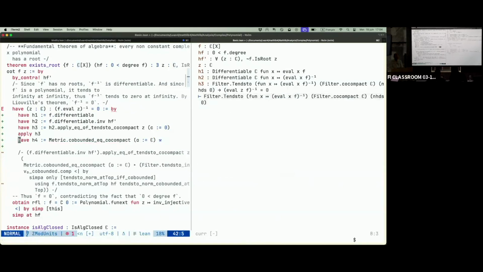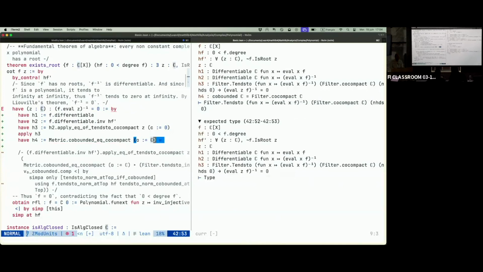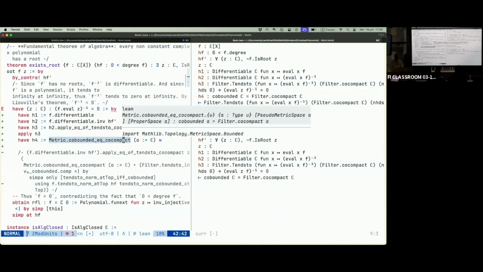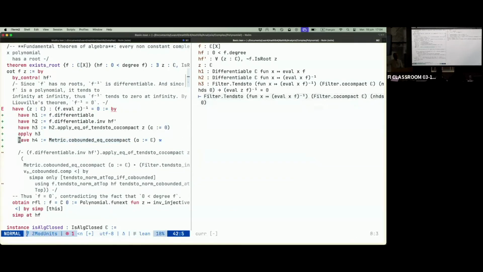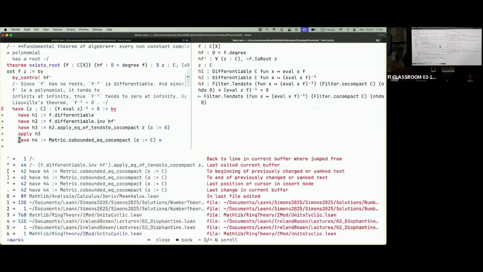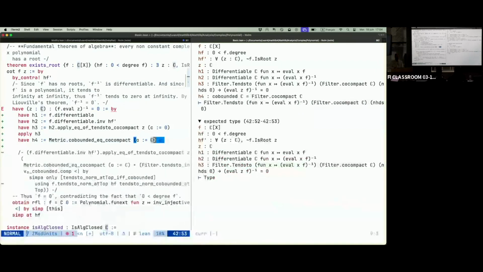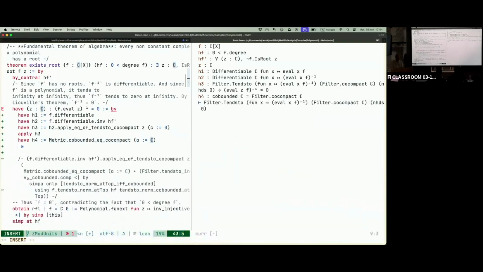So that's just a filter of co-compact subsets, which is bizarre stuff. No, it's an equality. It says that the filter of co-bounded sets in C is the same as the co-compact filter. Okay, the same filter. So the complements of compact subsets is exactly the set of complements of bounded sets. So that is for H4.